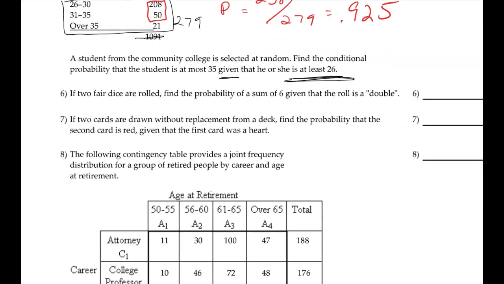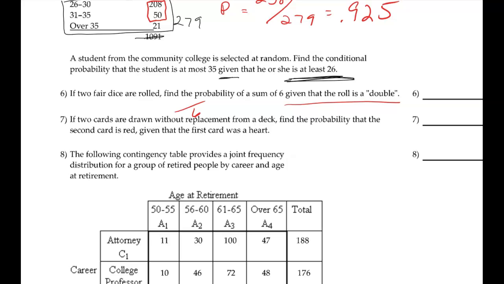If 2 fair dice are rolled, find the probability of a sum of 6, given that it's a double. There it is. Where's your given? How many doubles can you get? You get double 1s, double 2s, double 3s, double 4s, double 5s, double 6s. So we're out of 6. How many of those doubles add up to 6?